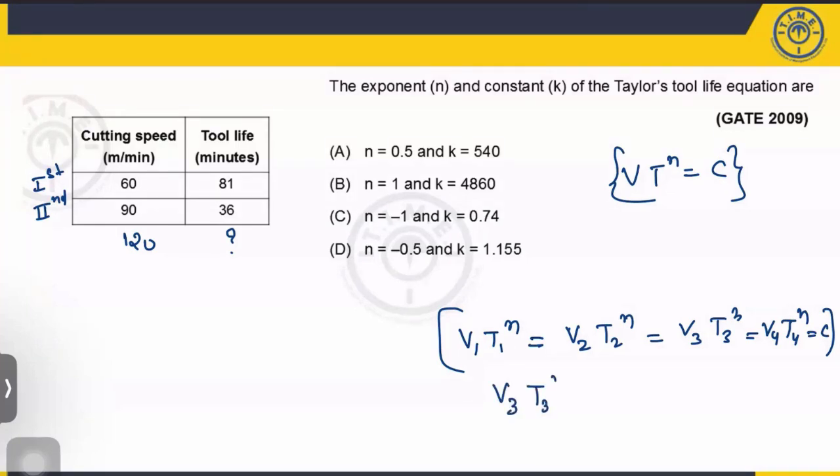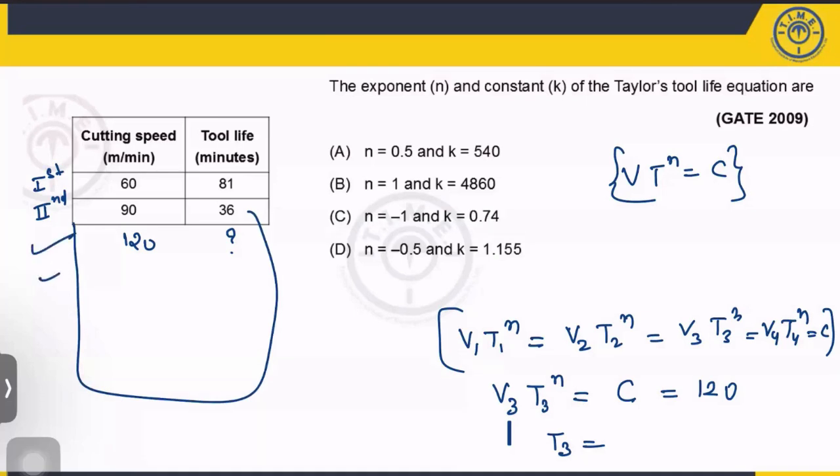V3 T3 to the power of n is equal to C. Now the C value you can easily calculate knowing the value of n. So let us suppose C value is something like 120. V3 is also given. Now you can calculate the T3. So they can frame a complete table also. They can ask the third, fourth, fifth, you will get the same answer.